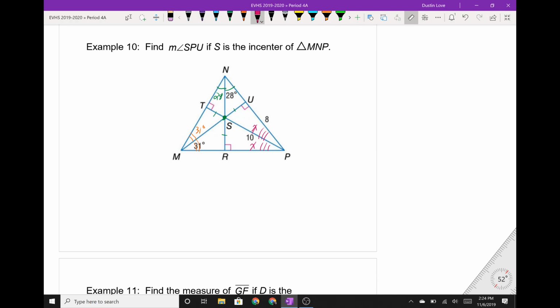If it's a full triangle, yeah, because MMP is a full triangle, so I know about the sum of all those angles. Come on, guys. Sum of angles in a triangle is 180. So I have 28 plus 28 plus 31 plus 31 plus 2x equals 180.